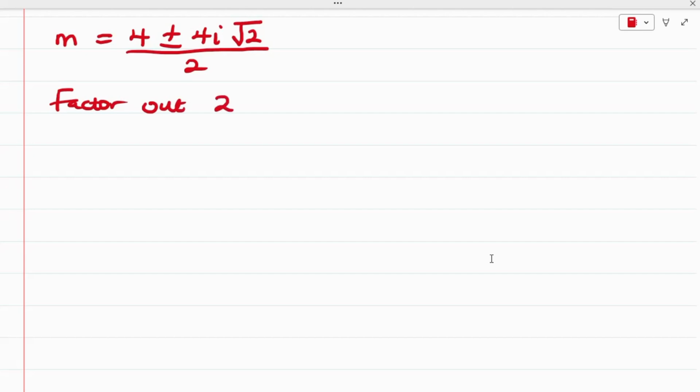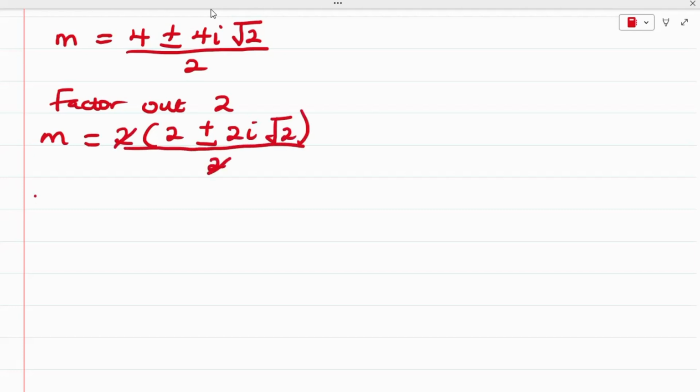So let's factor out 2 to get rid of the denominator. Factoring out 2 from 4 gives 2 plus or minus, and factoring out 2 from 4i root 2 gives 2i root 2, all over 2. So this cancels out, and we have that m is equal to 2 plus or minus 2i root 2. So this becomes the final answer.